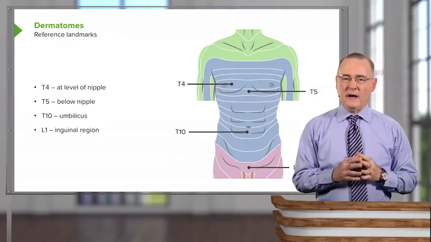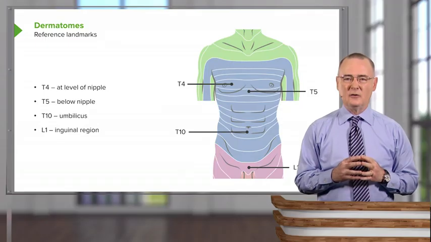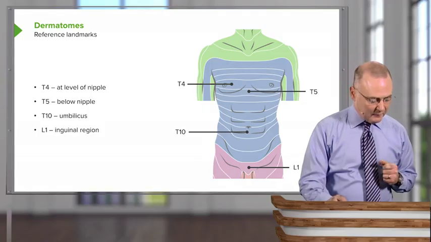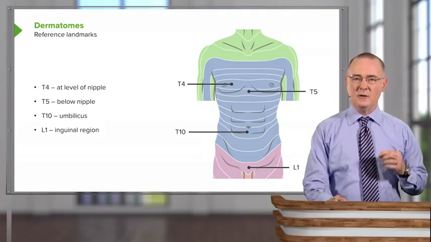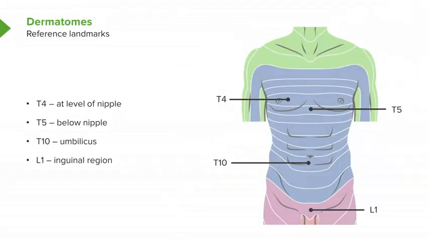It's also worthwhile to understand the dermatomal pattern of the anterolateral abdominal wall. Some key reference points here to help you understand the levels that are involved would be the nipple, the umbilicus, and then your inguinal region.